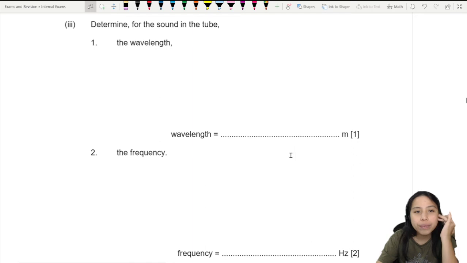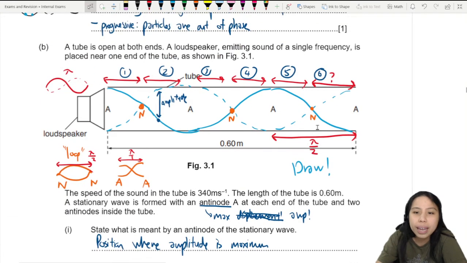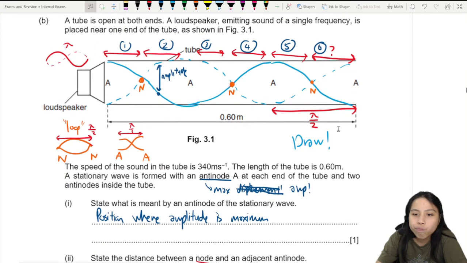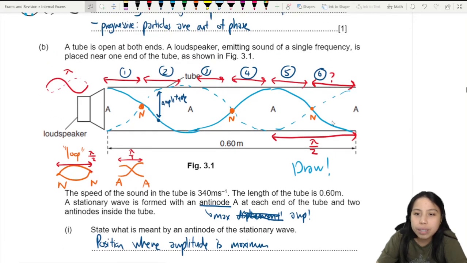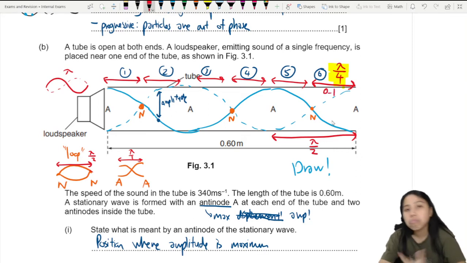So now we need to find, for the sound amplitude, the wavelength. Okay, just now we got that lambda over 4 there. How do we find that? Let's go back to the diagram. For wavelength, we just now said that this short thing would be lambda over 4. So really you can take whatever distance you want, whether it's 0.1, because we know this is 0.1, is lambda over 4.